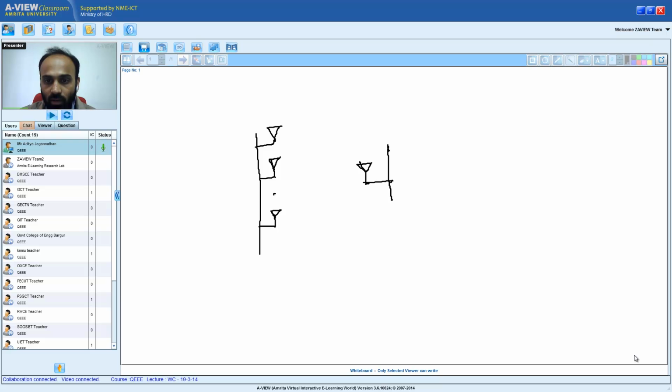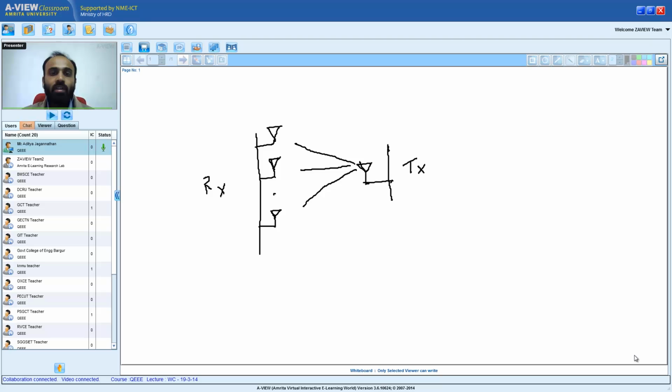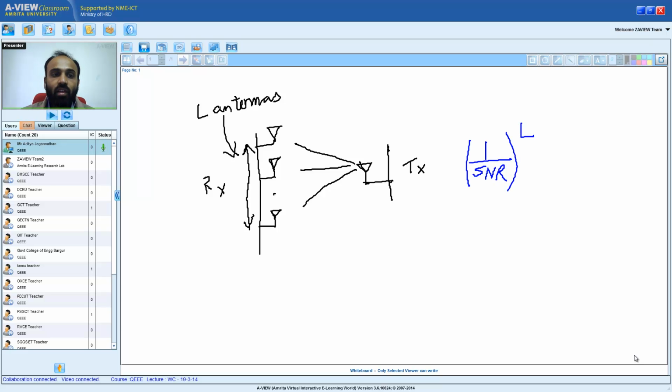If you have multiple receive antennas, this is the system that we had seen, where we had a receiver and a transmitter, and we said that when you have multiple receive antennas, specifically let's say we have L antennas, then the bit error rate will decrease as 1 over SNR to the power of L.